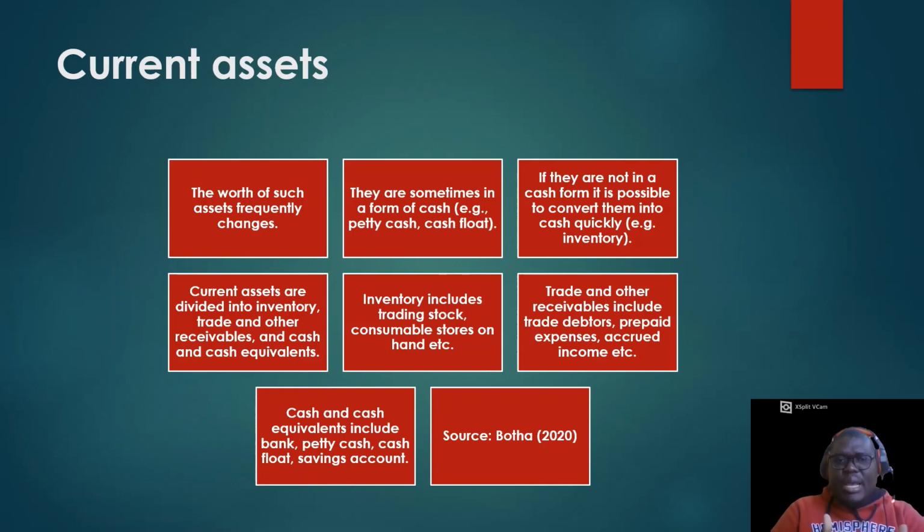If, let's say, we are a business that sells phones, maybe we are selling iPhone 12, and then it happens that there's an iPhone 13 coming, the worth of our iPhone 12 will be lower at a time when iPhone 13 is introduced. So in terms of current assets, their worth frequently changes, is not constant, and then most of the time current assets can be converted into cash within a short period of time.